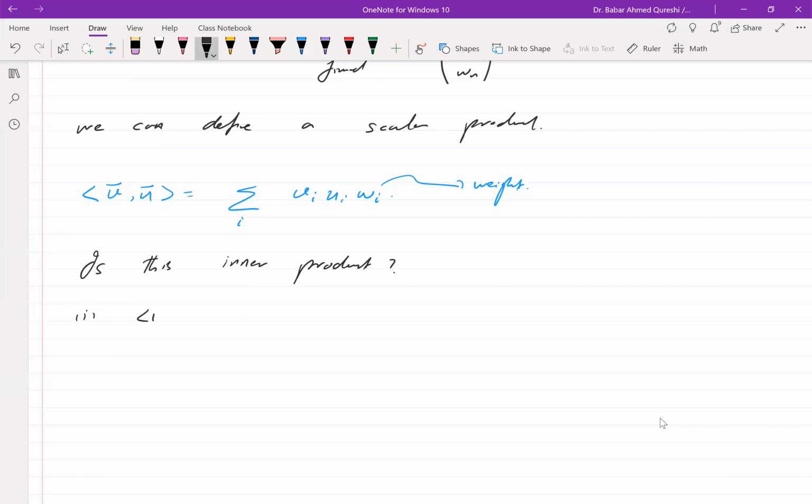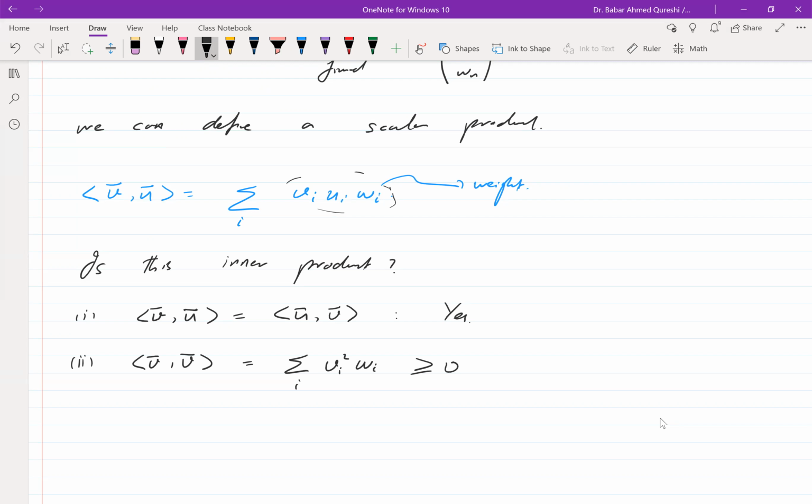Well, first thing is it should be symmetric, which obviously it is, because if I replace V by U, the formula stays the same. So yes. Is this thing positive definite? So this is Vi square times Wi, since W's are all positive. So this is actually greater than or equal to 0. And it's equal to 0 if and only if Vi are 0, because W's are not zeros.